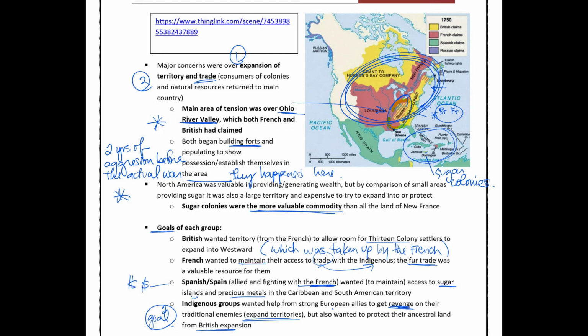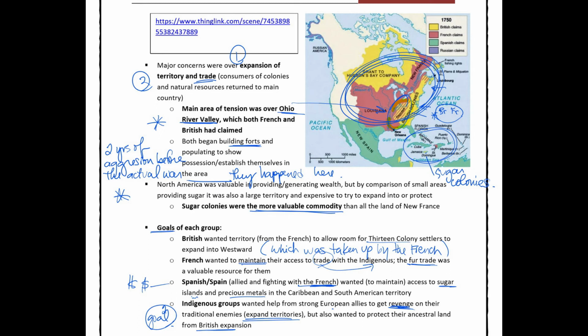But here's an actual important point. We haven't really talked much about the Bahamas and the Caribbean down here, but these were the sugar colonies, they called them. Of any territory or colony that another country owned, these were the most valuable because they had the more valuable commodity.